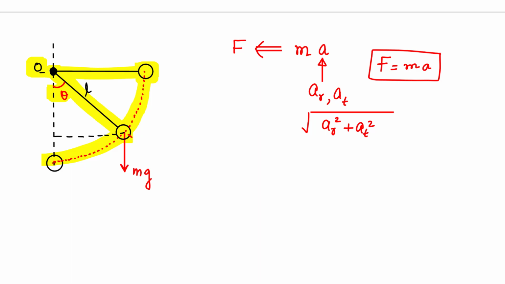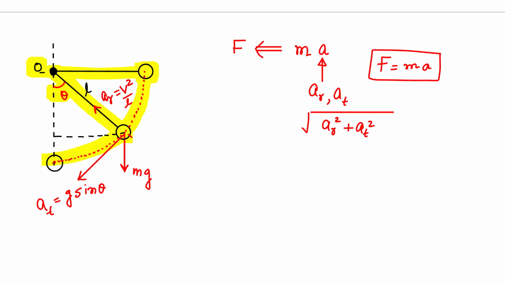In this case, if you see, there are two accelerations. One is acceleration in this direction, that is radial, and this is equal to v square by L. And acceleration in this direction is simply force by mass. Force in this direction will be mg sin theta divided by mass. So in this direction you have acceleration of g sin theta.